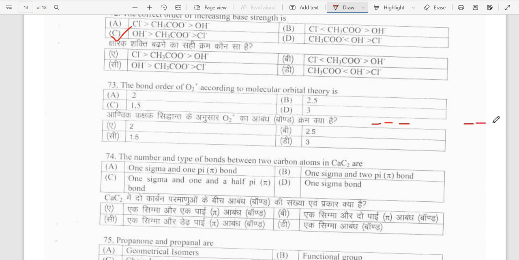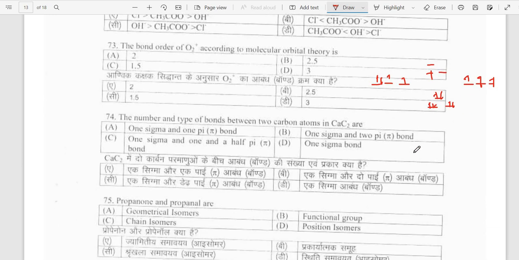O2 plus has one electron here, one here, one here, one here, total 4 electrons in that case, and the remaining electrons are arranged, giving 15 electrons in total. Arrange these electrons: 1, 2, 3, 4, 5, 6 and 7. The bond order formula is bonding minus anti-bonding divided by 2.